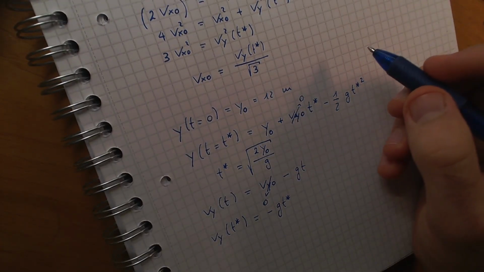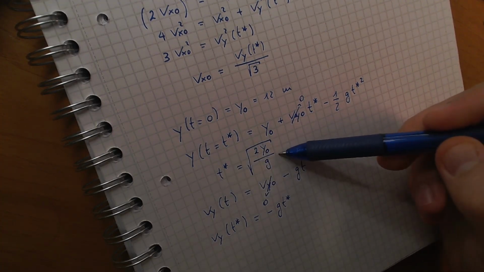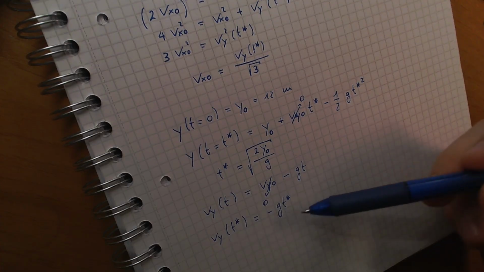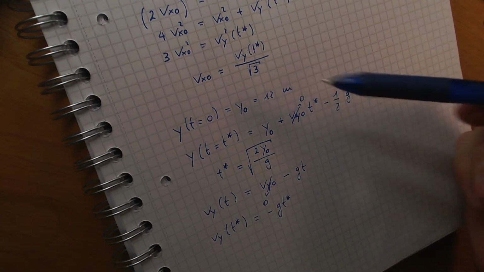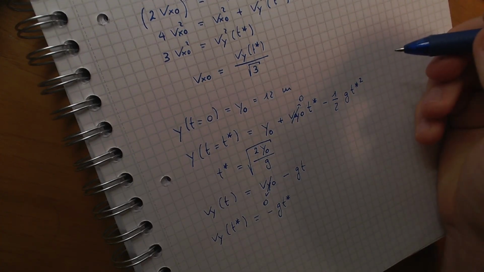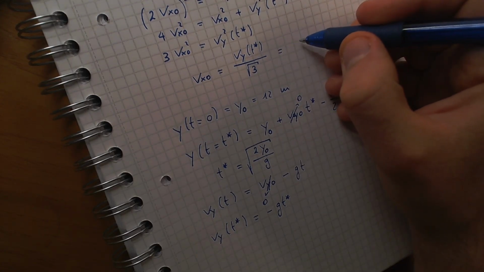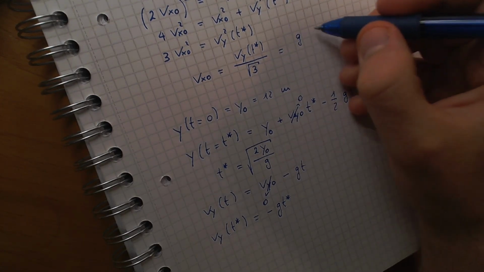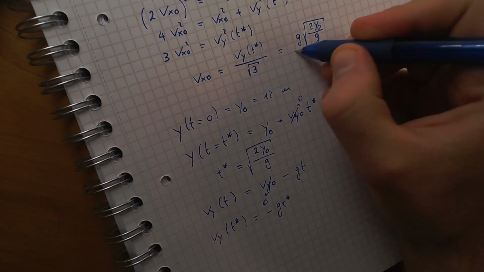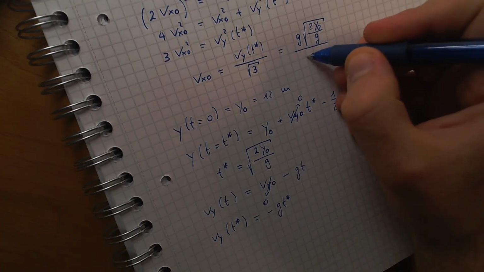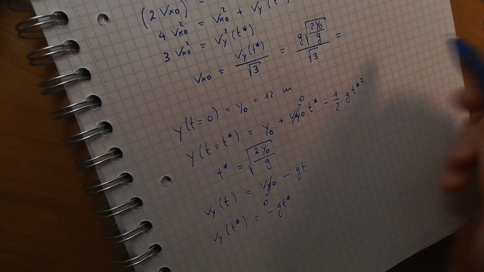So this means that if t star is this one and the velocity is g t star, it will be g times the square root of 2 y0 over g.